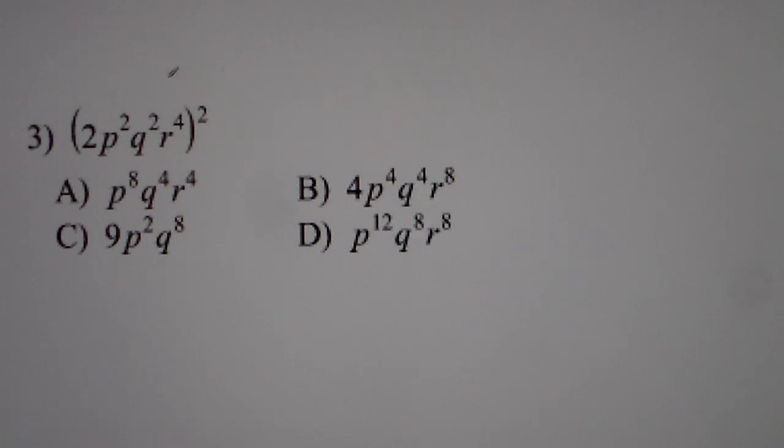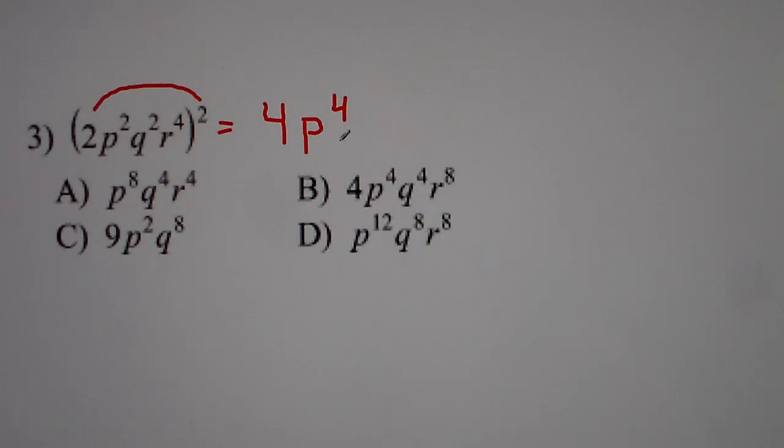Look at number 3. Let's expand it to make it a little bit prettier. So the little 2 in the front gets squared, so 2 squared. Well, you guys know 2 squared is just 4, so I'm going to write 4 right away. That's easy math. Then p squared squared, we're just multiplying, so 2 times 2 gets us 4, so it would be p to the 4th.